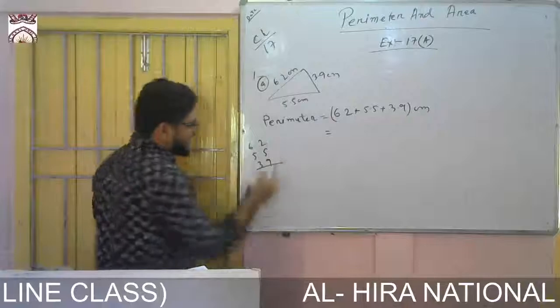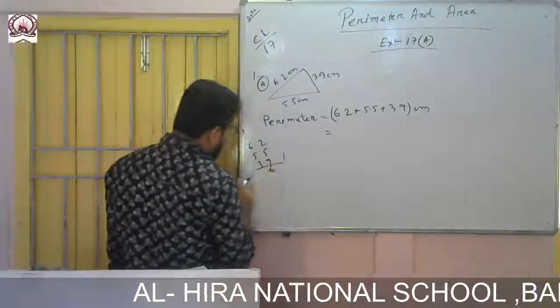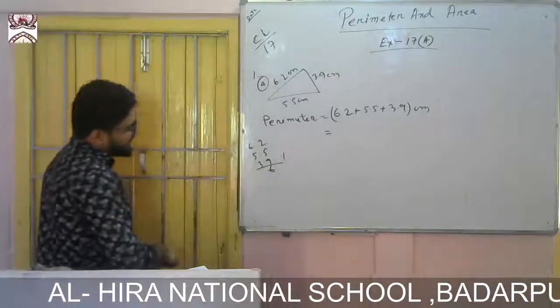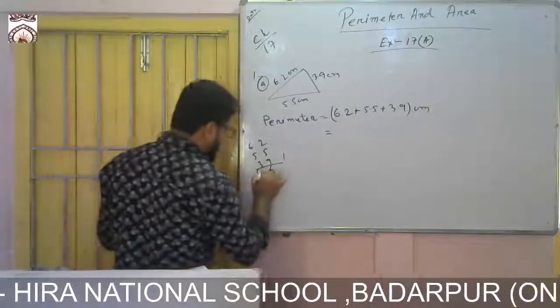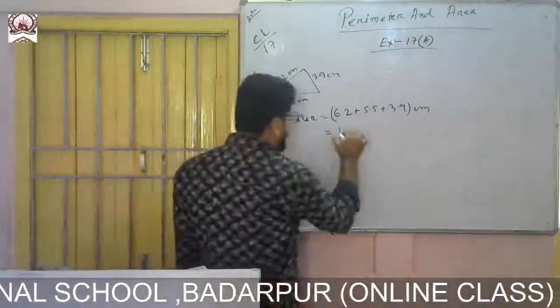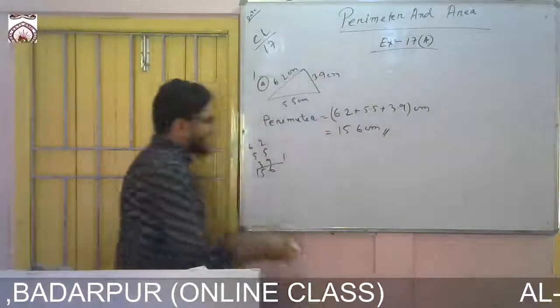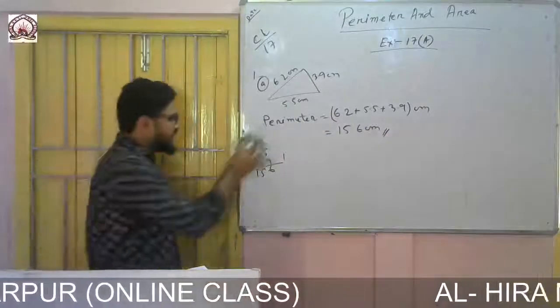Okay, 9 plus 2 it is 11, 11 plus 5 it is 16. Okay, 6 plus 3 is 9, 9 plus 5 is 14, and 1 is 15. So 15.6 centimeter. So this is the answer.